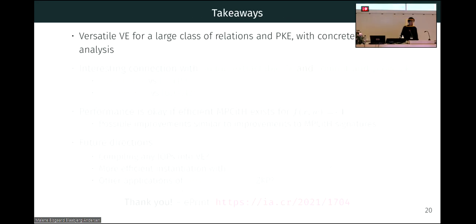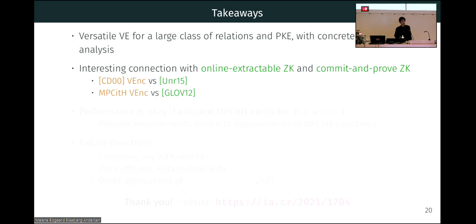Okay, so to conclude, in this work, we have a very versatile framework of verifiable encryption for a large class of relations and public key encryption schemes. And also, we observed there are some interesting connections with online extractable zero knowledge and commit-and-prove zero knowledge.